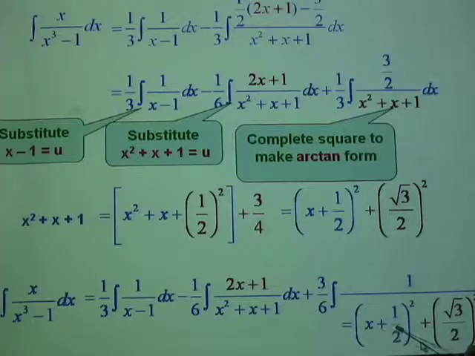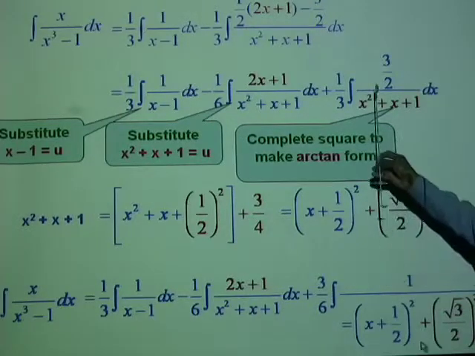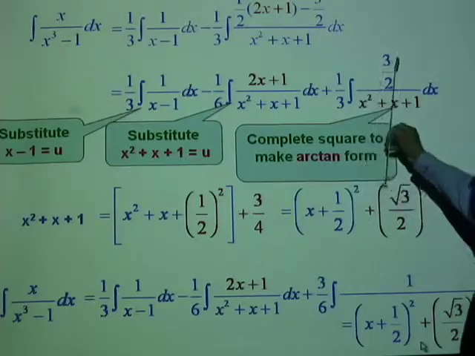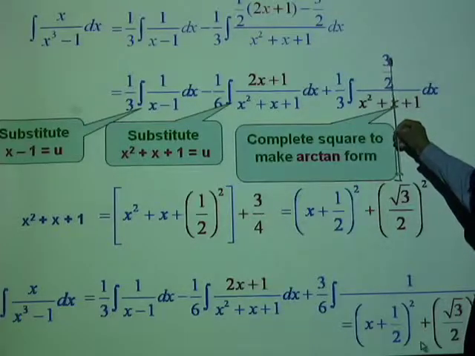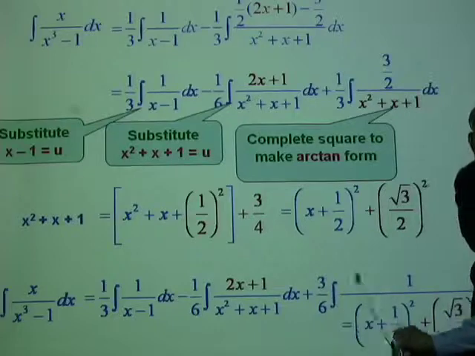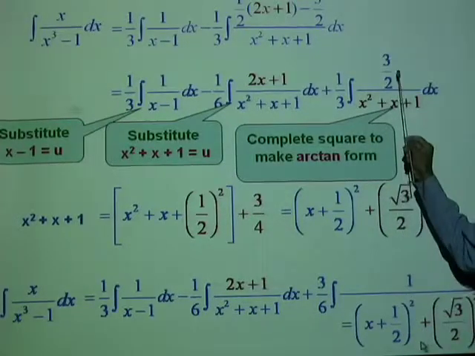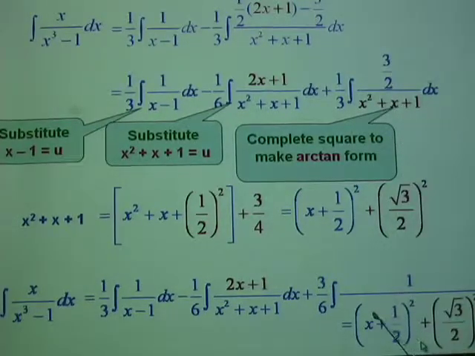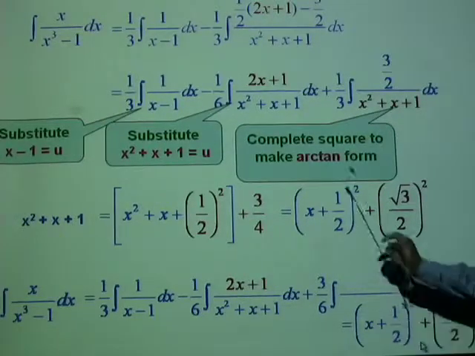What did that denominator become? And also you noticed one thing. I took out that 3 over 2 and I wrote the constant as 3 over 6. So the numerator now is 1 there. And the denominator is x plus 1/2 all squared plus square root 3 over 2 all squared. This is of the form u squared plus a squared.